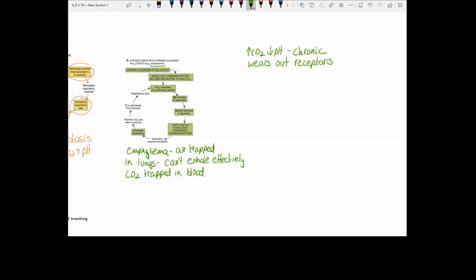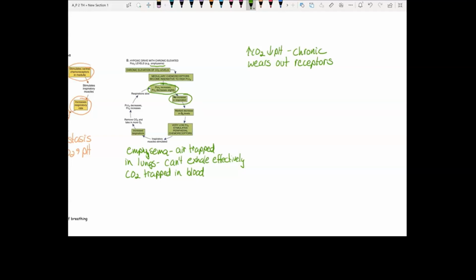If it's chronically high for the carbon dioxide and chronically low for the pH, those receptors are working so hard trying to tell your medulla oblongata, and eventually they just get worn out because they constantly have to work hard. So now they don't work anymore. So you can see here, you have high carbon dioxide, but you get no increase in respiration.